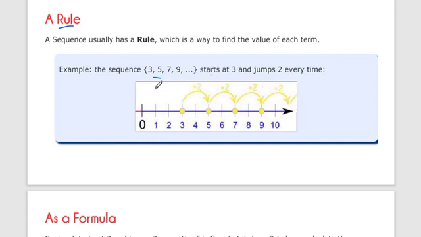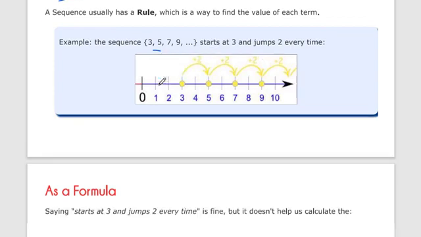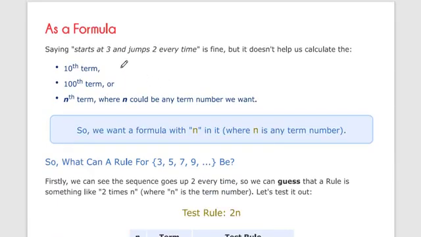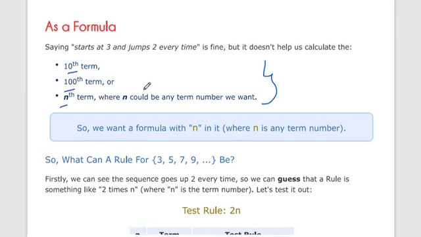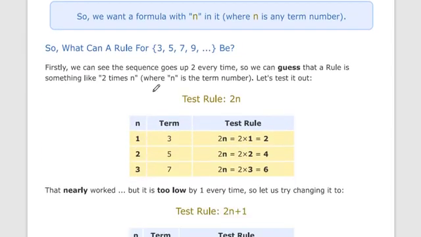So this is one type of sequence which has a rule. We have to find the formula of the sequence, so that we can say what the 10th term is, what the 100th term is, and what the nth term is.